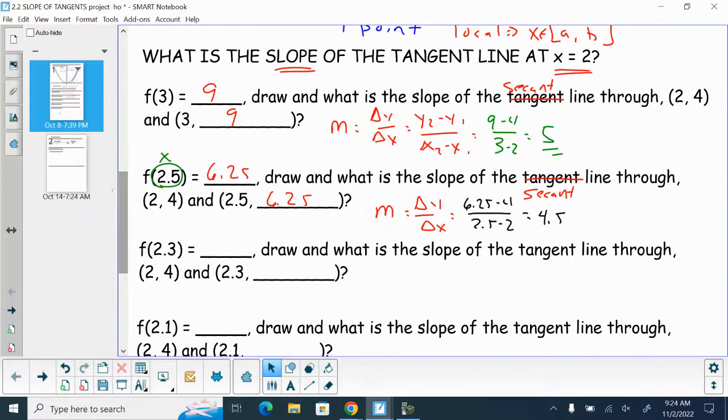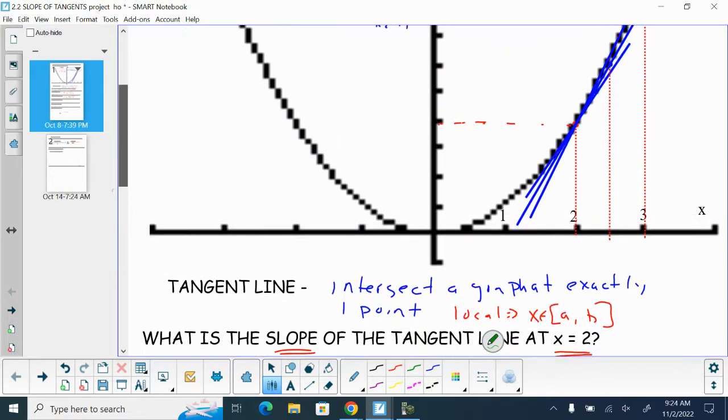If we look at 2.3, so now we have 2.3. I go up to my graph. I have a point there in my graph. I could draw another tangent line.